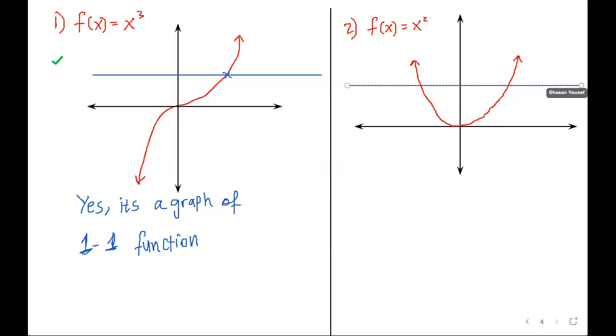What does that mean? This means it is not a 1-to-1 function. So no, it is not a 1-to-1 function. Why? Because it fails the horizontal line test.